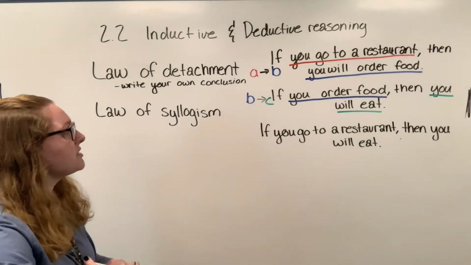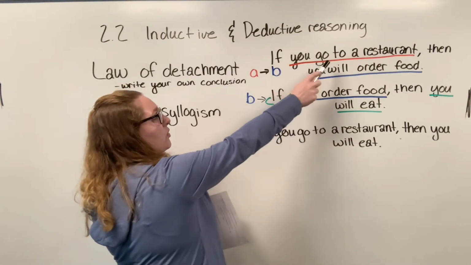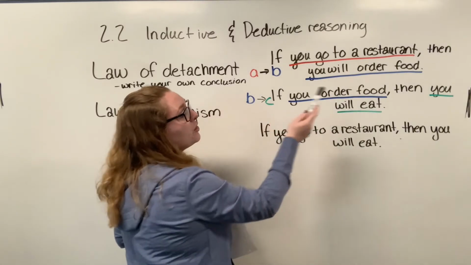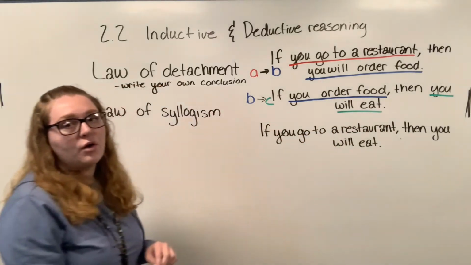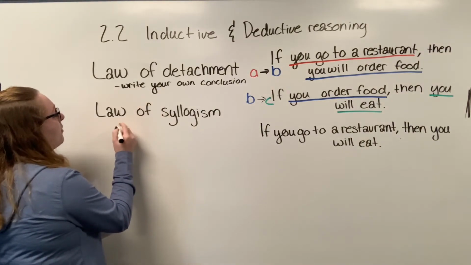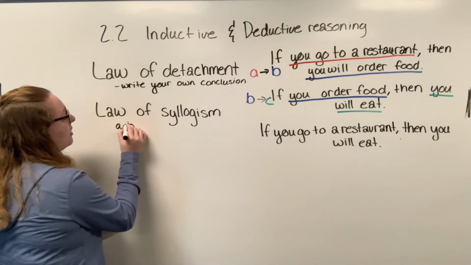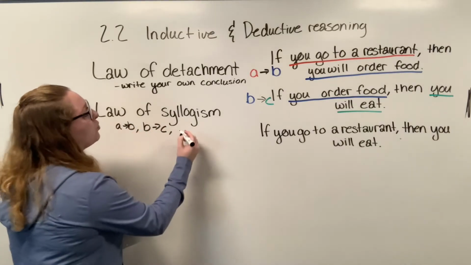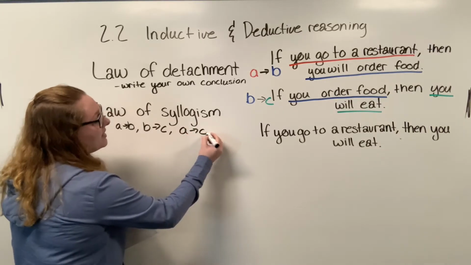Okay, so we use the same hypothesis for A, you will go to a restaurant, and the same C conclusion, you will eat. Okay, so I remember law of syllogism from A to B, B to C, and we want A to C.